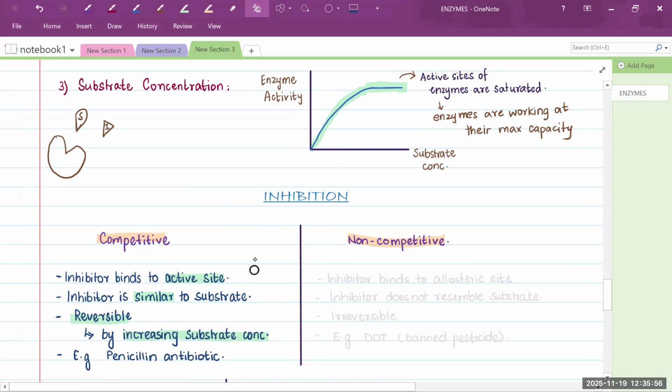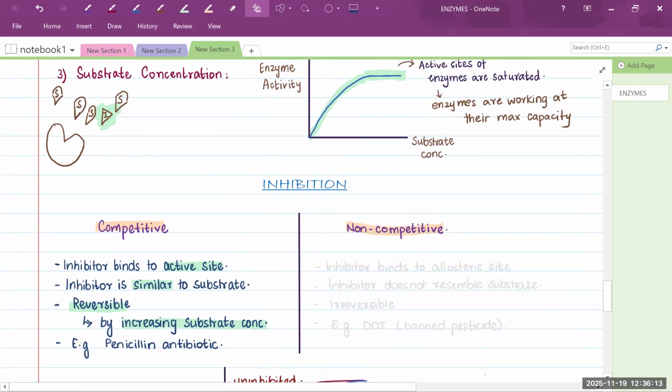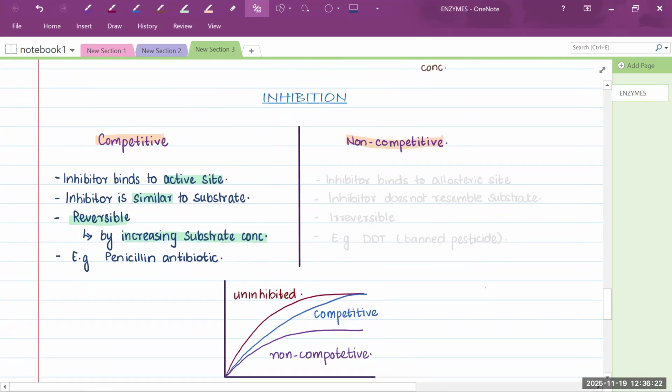So now if we have introduced more original substrates in the solution, these are all the same, and there is only one inhibitor here, what is the chance of the inhibitor binding to the active site? It is less, right? So if we increase the substrate concentration, the chances of the inhibitor getting attached to the active site are less. That means it can be reversed. The competitive inhibition can be reversed, and the enzyme function can return again.